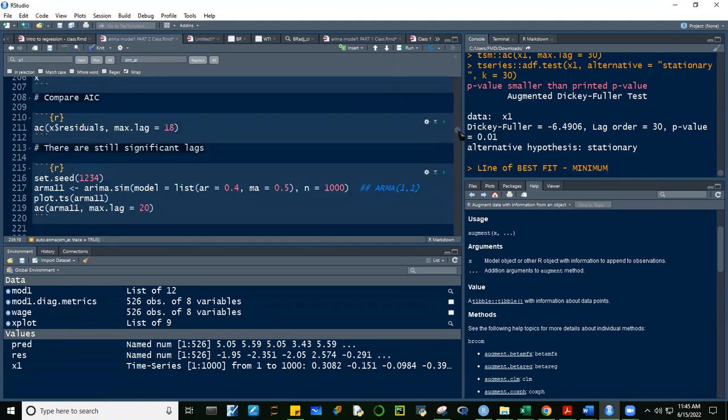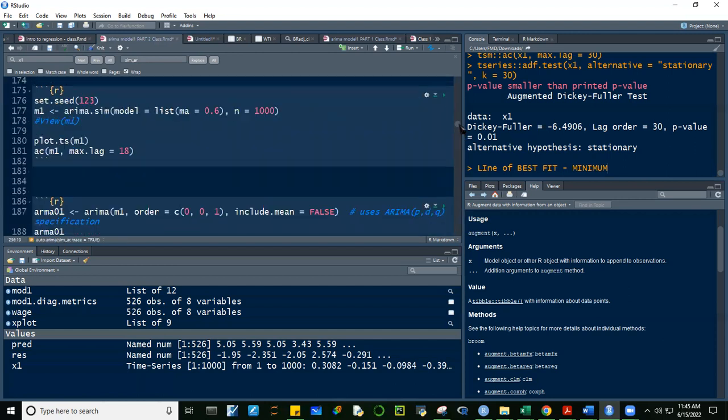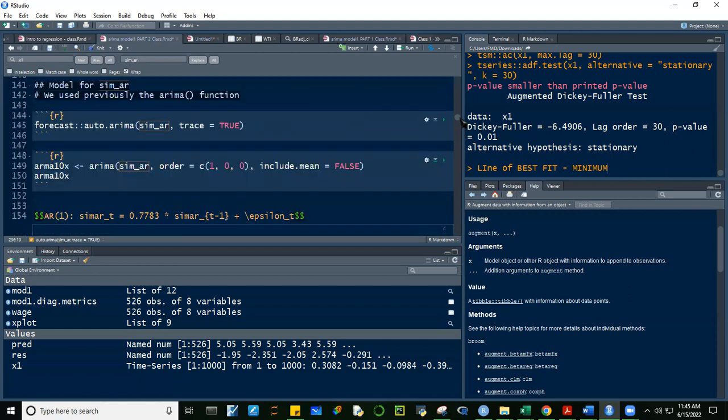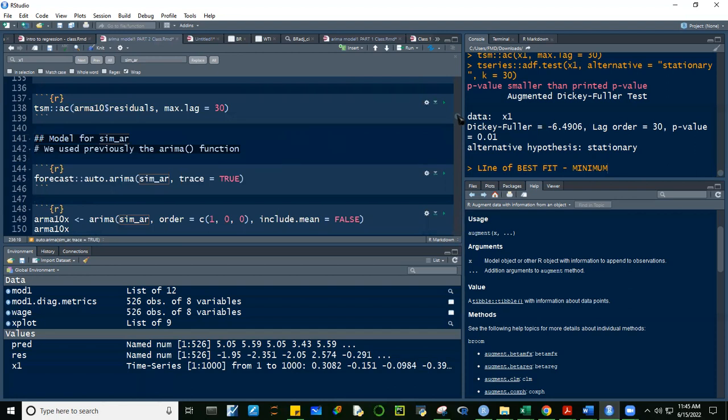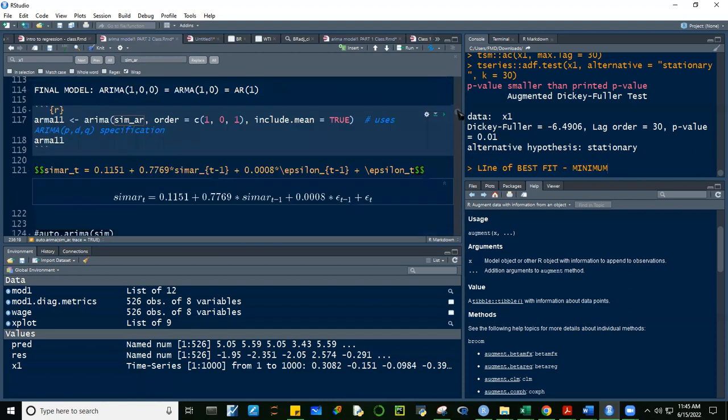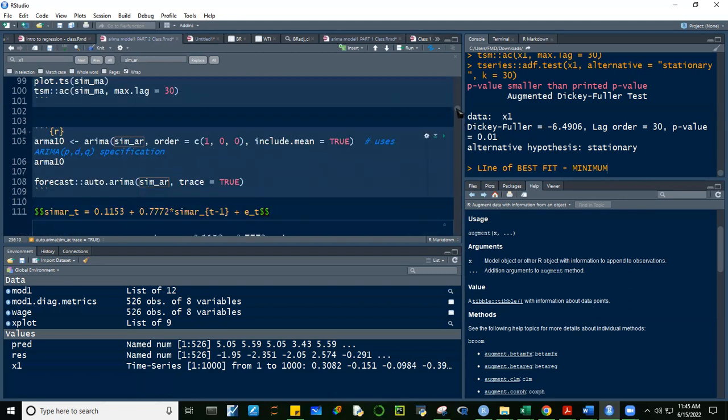All right. Again, just a quick review, guys. Here, we're creating our ARIMA 10.